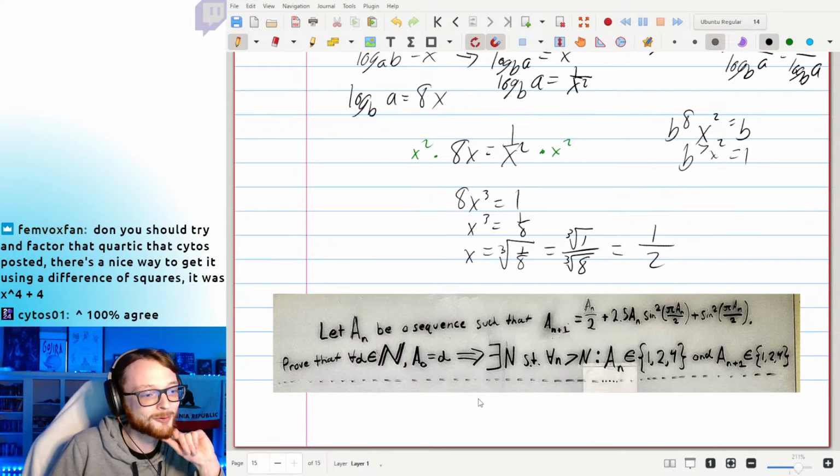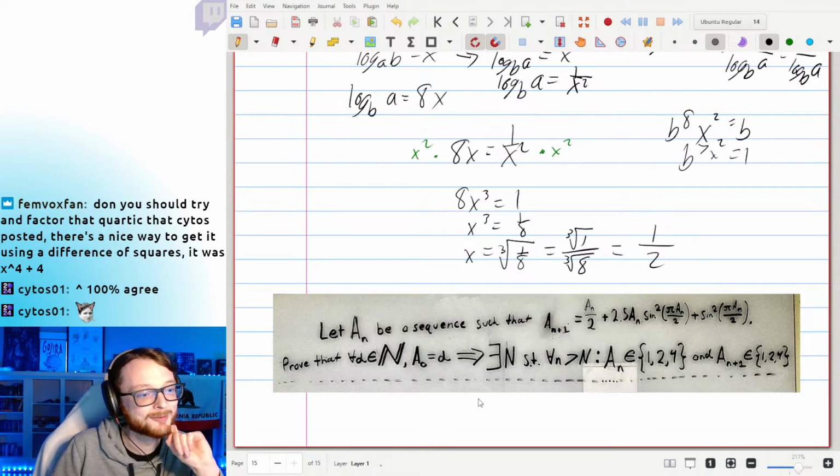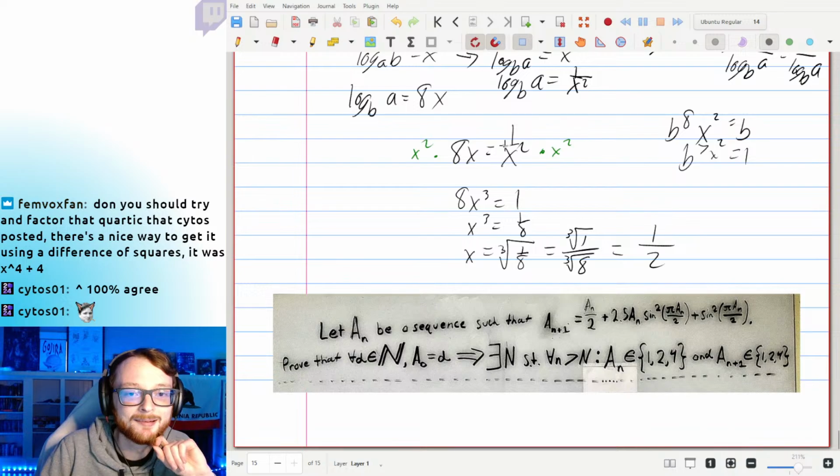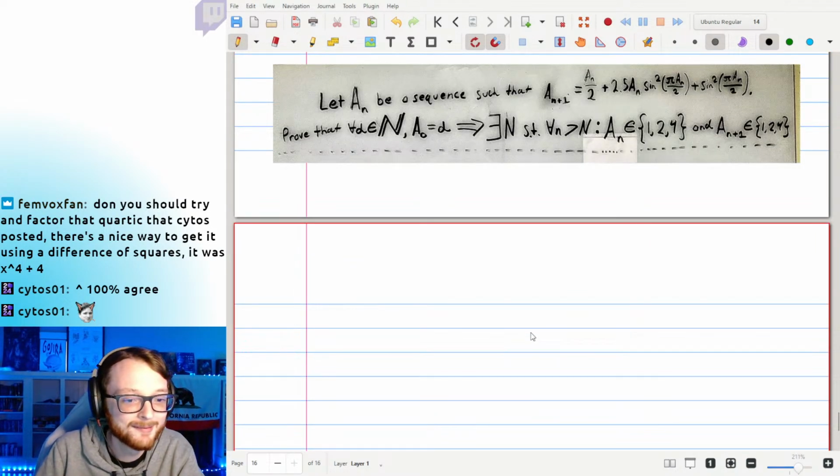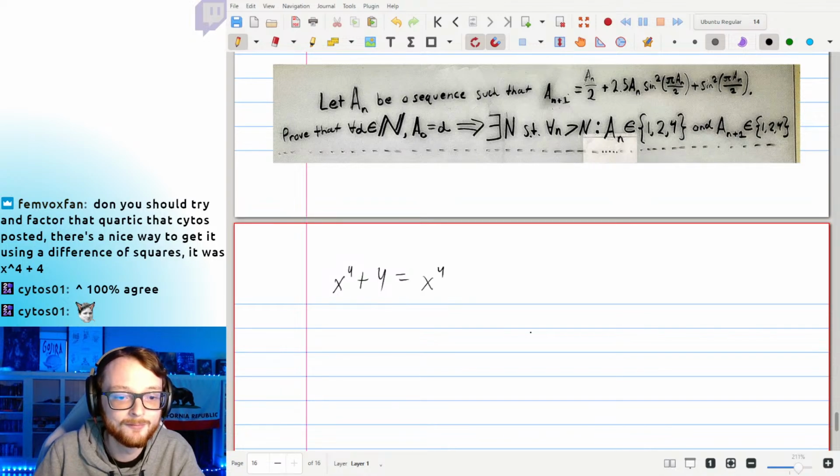Well, wait to see Goopy's question. There's a way to get a difference of squares? Do you do minus x squared plus x squared thing? No, they both want the minus sign.